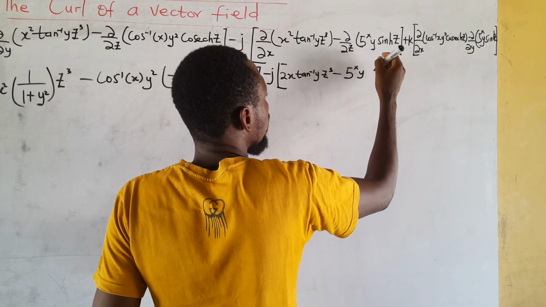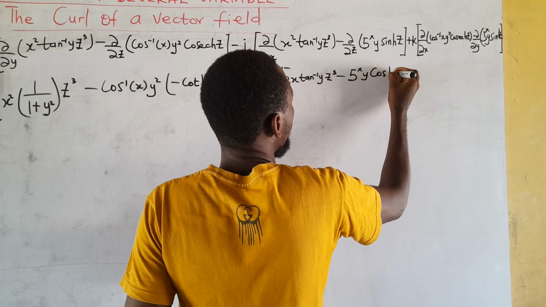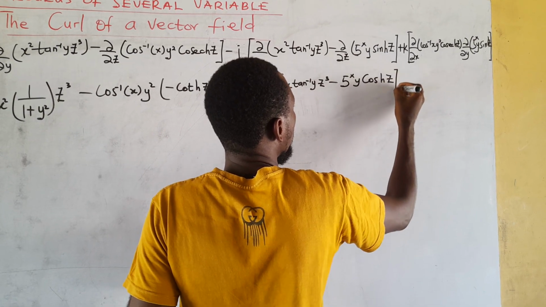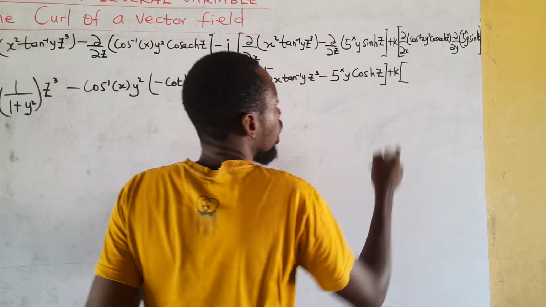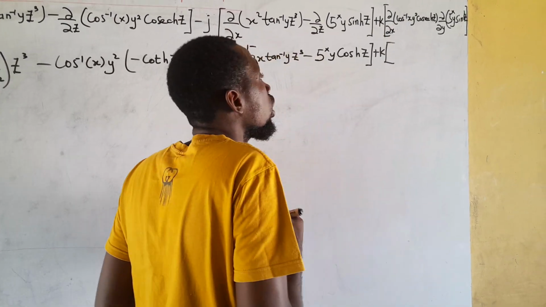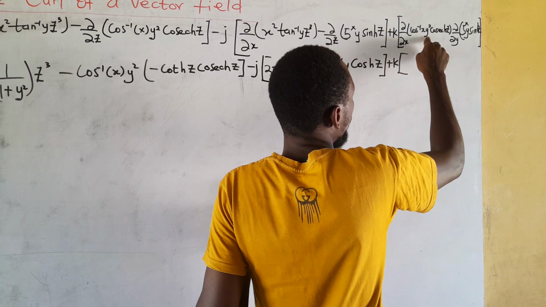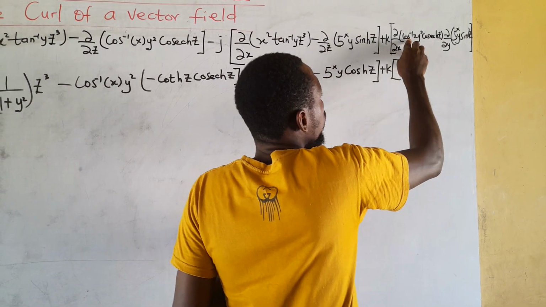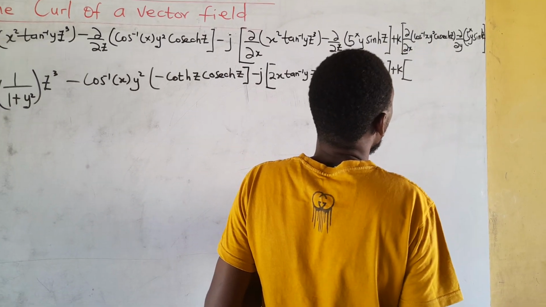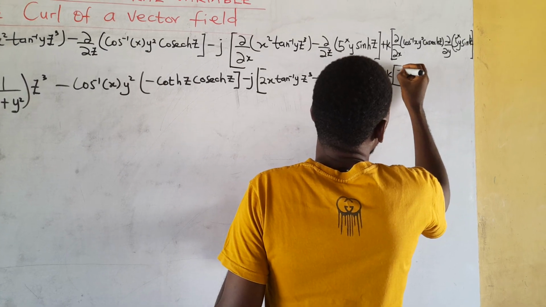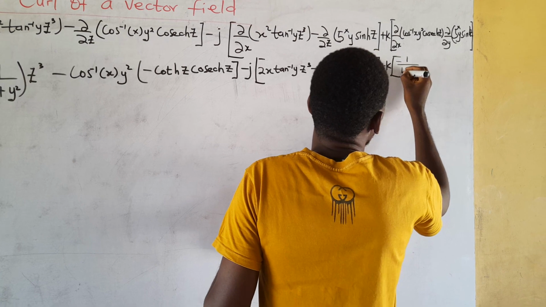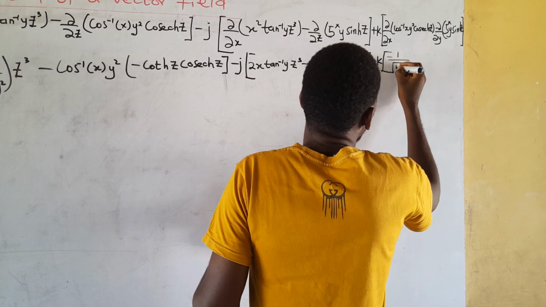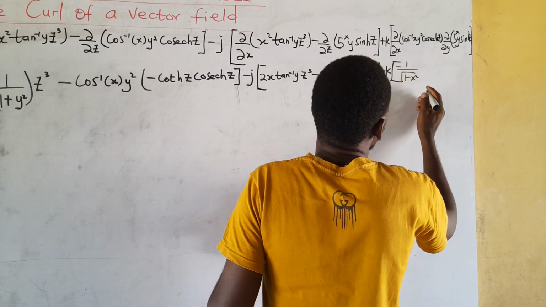When we differentiate sinh z, you get cosh z. Then plus k. Now here we are going to differentiate with respect to x. So the y and the z will be held constant. When we differentiate cos inverse of x, we get negative 1 all over the square root of 1 minus x squared.